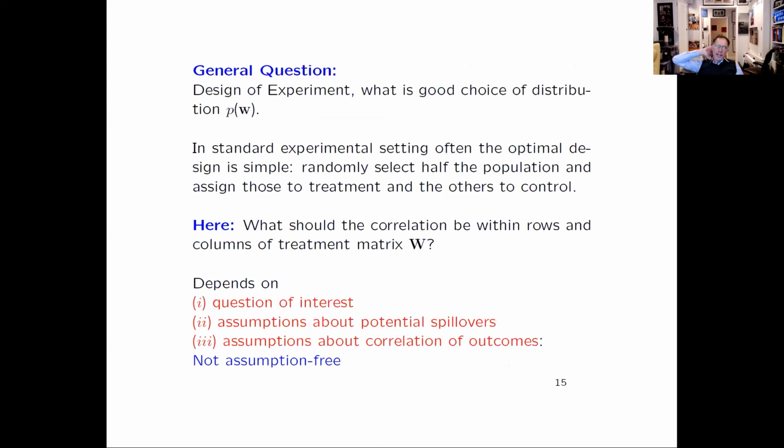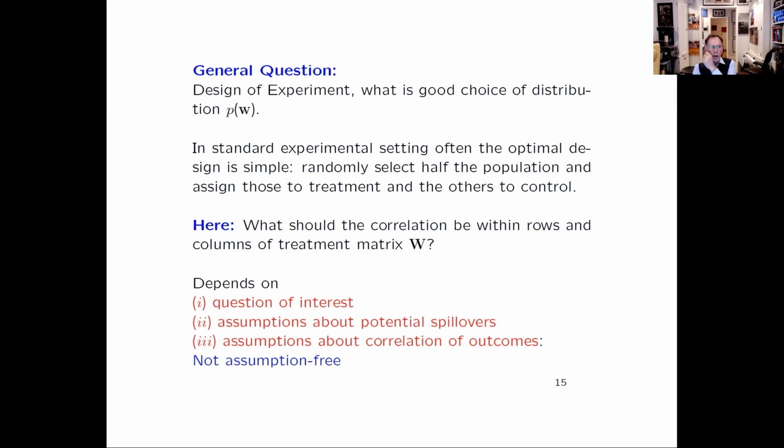And we're going to be interested in what the possible choices are for the distribution, the possible designs. In the standard case, with just a single population, the answer to the design question is often simple. We should randomly select half the population to be in the treatment group and half to be in the control group. But here, we want to allow for some correlation within the rows and the columns of the treatment matrix.